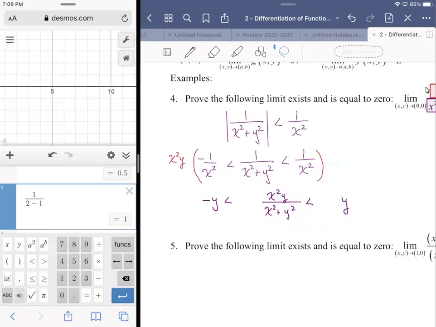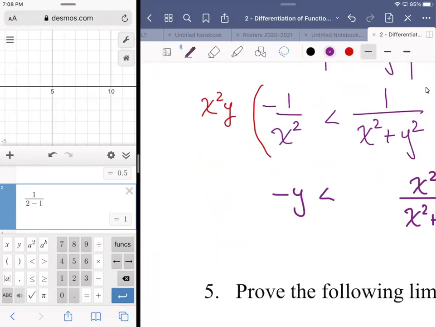If you have the foresight, then you write it with the space to begin with. But we would then find the limit as (x, y) approaches (0, 0) for each piece.